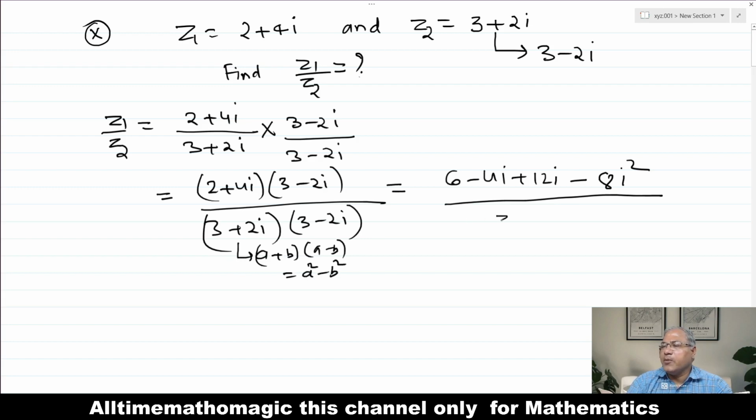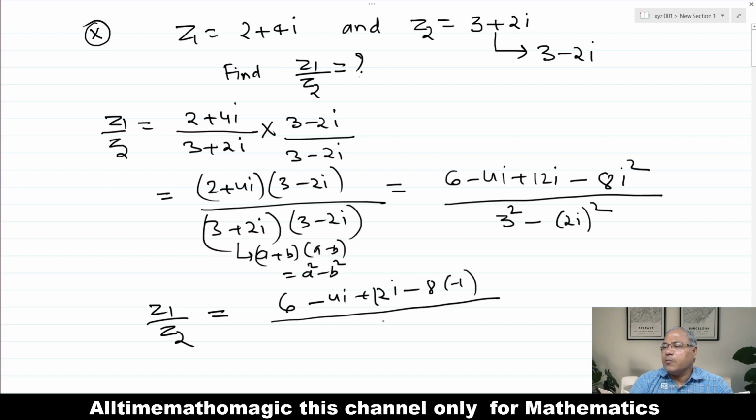So that formula we are applying: 3 square minus 2i whole square. So Z1 upon Z2 equals 6 minus 4i plus 12i minus 8 into minus 1 upon 9 minus 4i square.